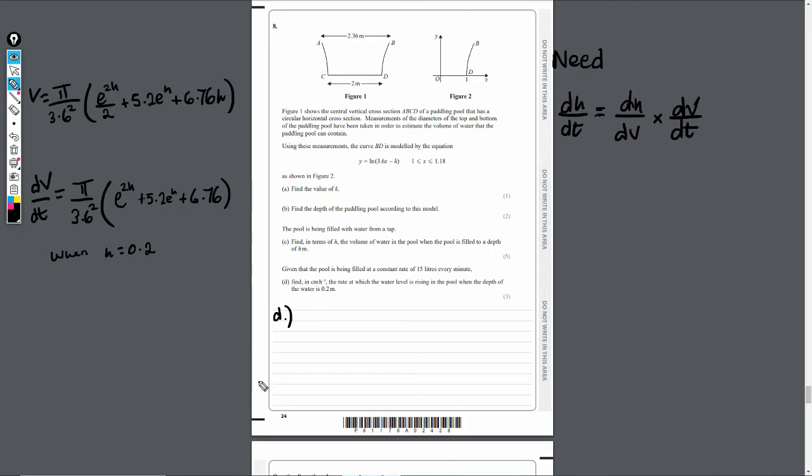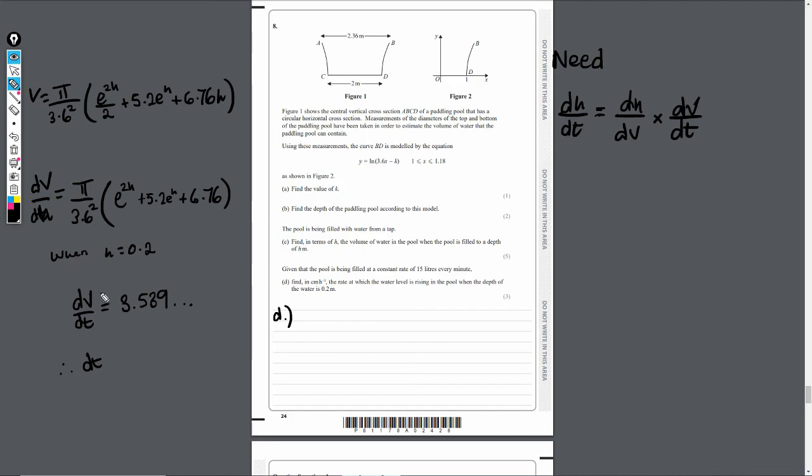So if you plug that in, what you'll get is that dV by dh is equal to 3.539 and so on. So what we need is 1 over this. Sorry, this isn't dV by dt. This should actually be dV by dh. I'm half asleep.